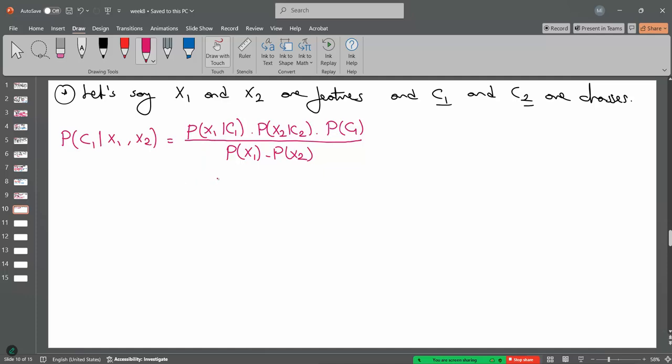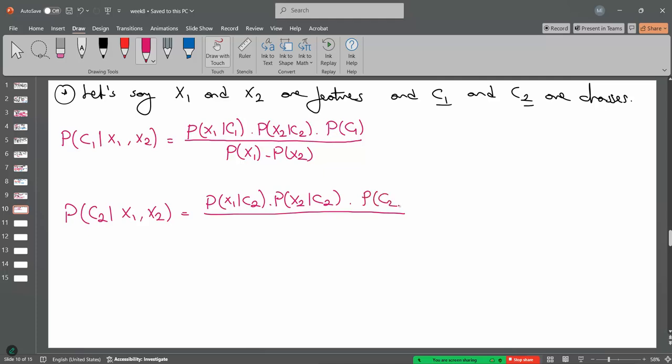These are the independent properties, and also we can write C2 for a given x1 and x2, which equals P(x1 given C2) times P(x2 given C2) times P(C2), divided by P(x1) times P(x2).